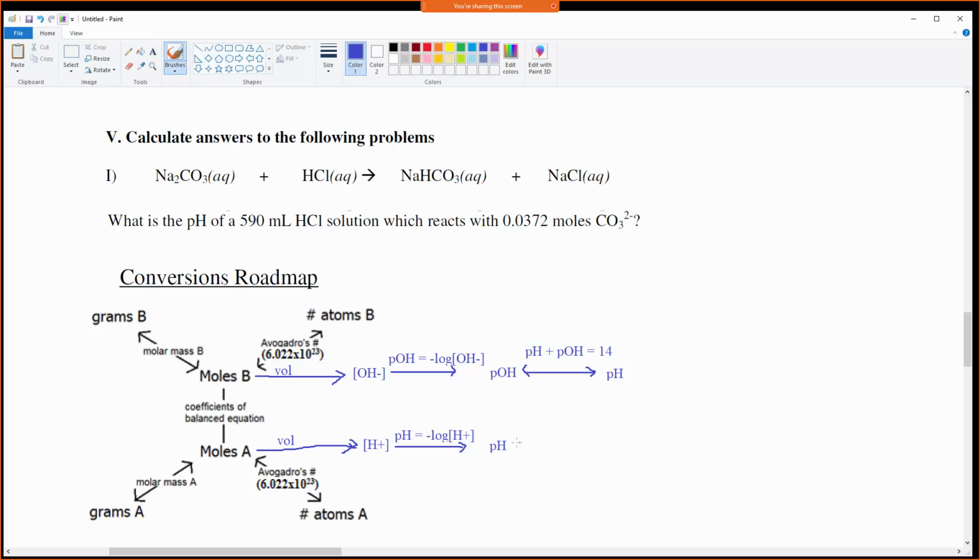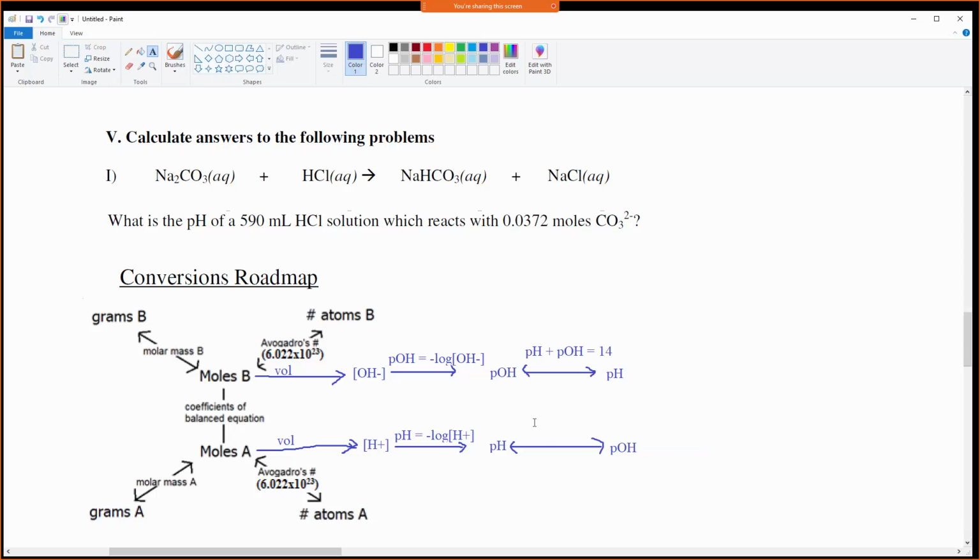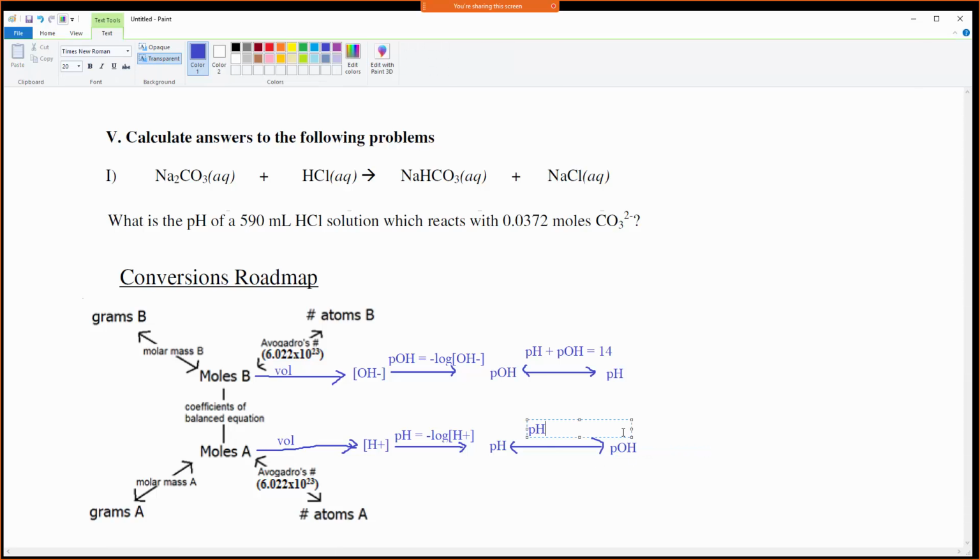Technically speaking, you can do the same thing down here. If I get the pH, of course you can find the pOH. It's kind of a weird thing to ask for, but sure, whatever. You can use that same guy. That still works.